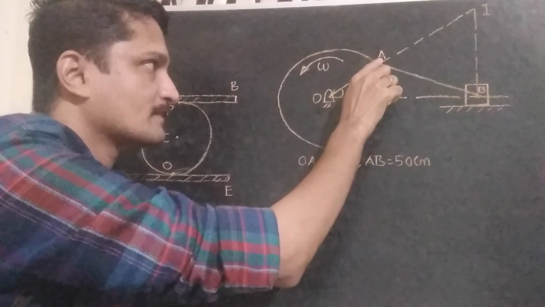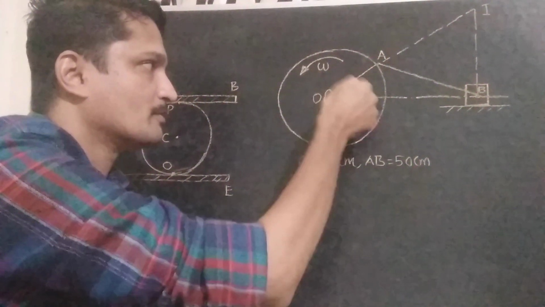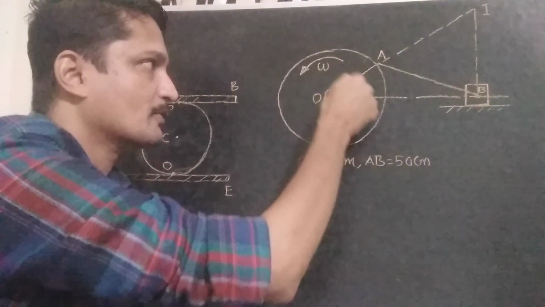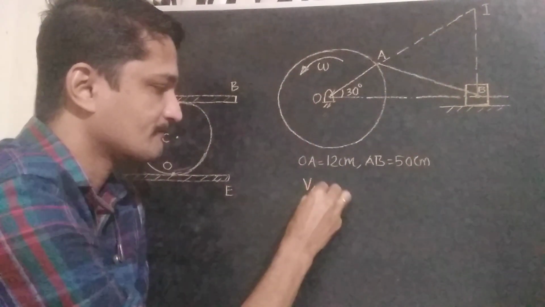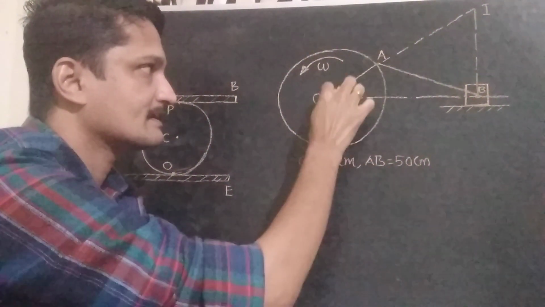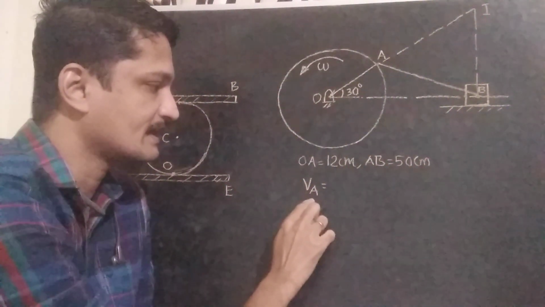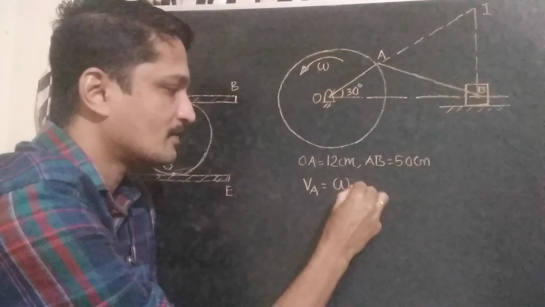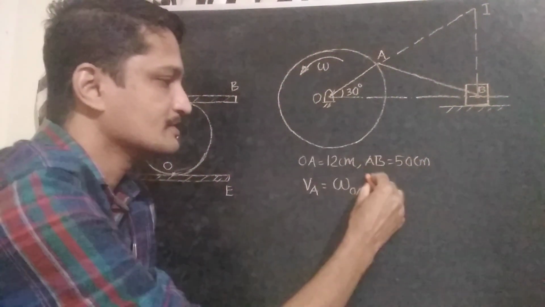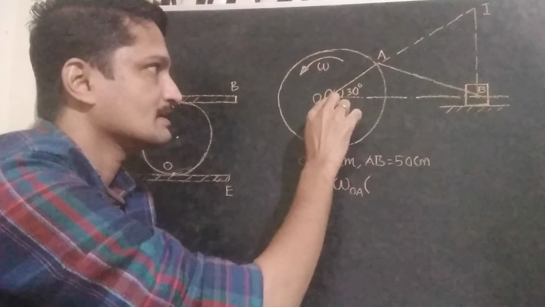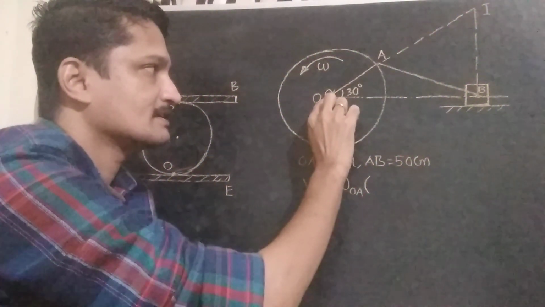Then the velocity of A is equal to omega OA, the angular velocity of OA, into the distance of point A from the instantaneous center.